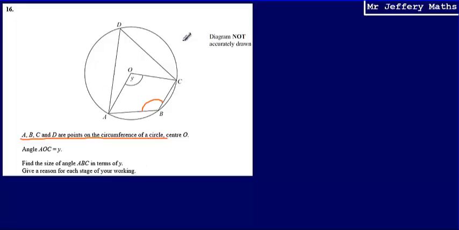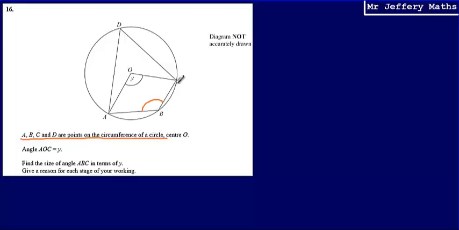Now, with a circle, so this is a circle theorems question, and when we have got a circle theorems question, at the beginning it's good to think about what possible circle theorems we could use to solve the problem. Now, this first bit of information is important. We're told that A, B, C and D are points on the circumference of a circle.